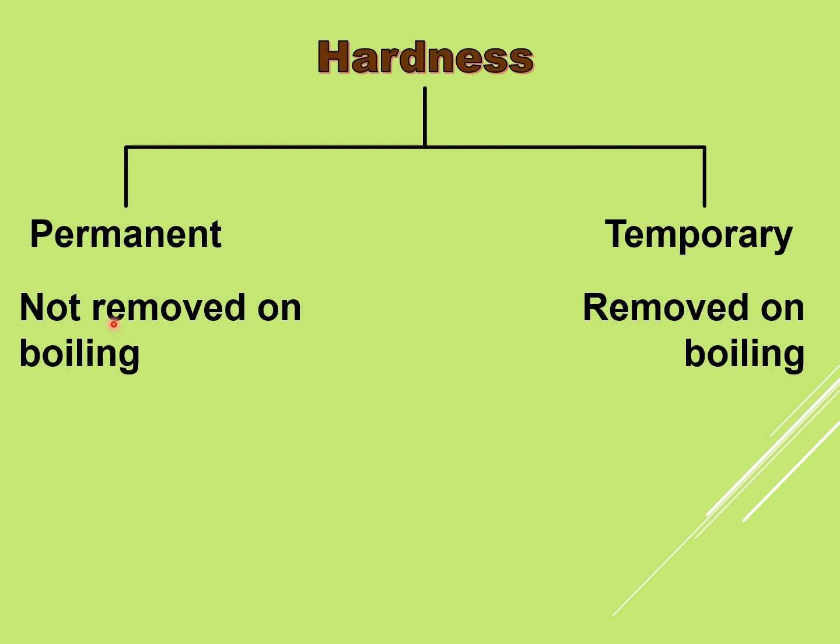Now, what causes temporary hardness, or what causes permanent hardness? We have seen that hardness is caused due to calcium and magnesium salts. Actually, it is the calcium and magnesium ions which are causing the hardness. Here, temporary and permanent hardness is caused due to the anions.